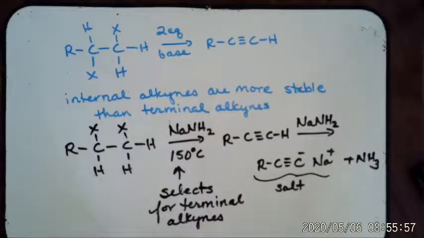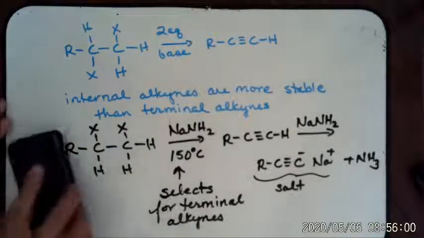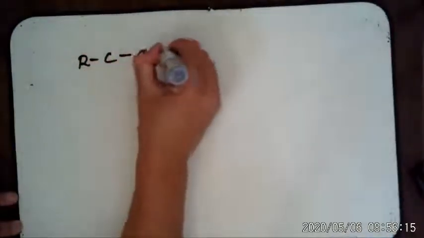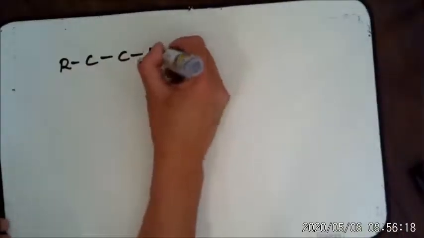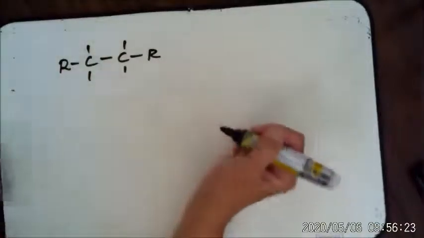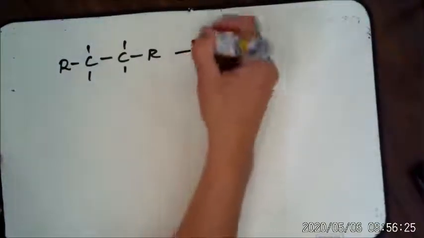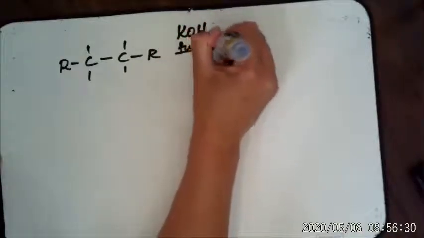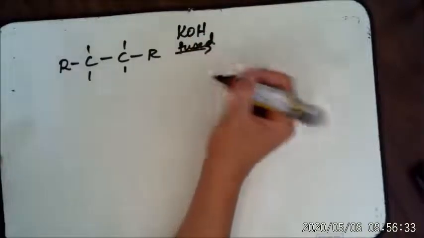Okay. For internal alkynes, if you're starting off with your dihalide and it's internal, then either fused KOH or, okay, sodium iodide would work.